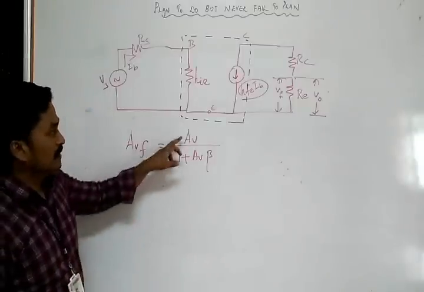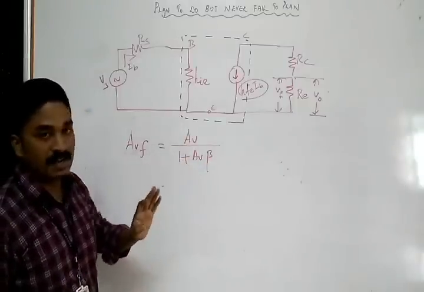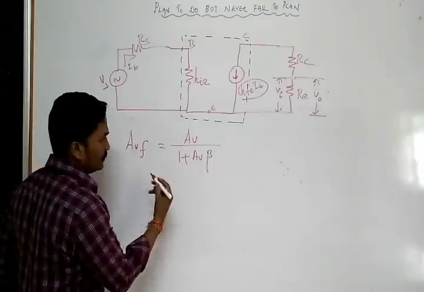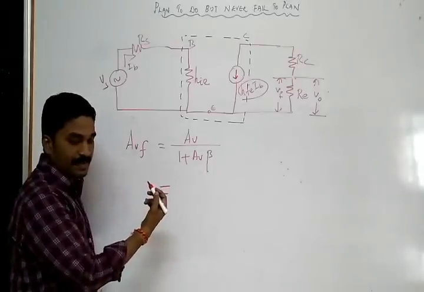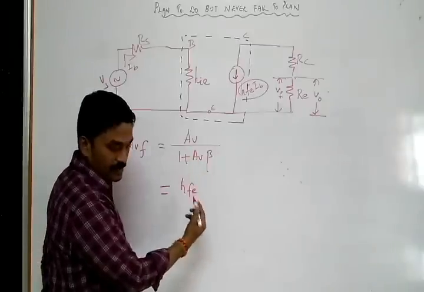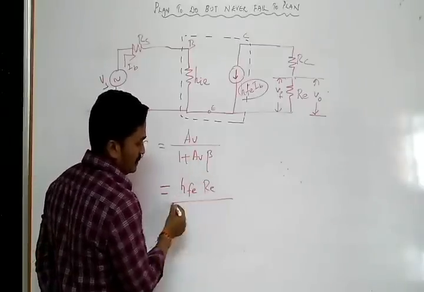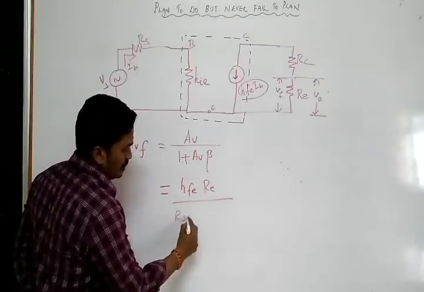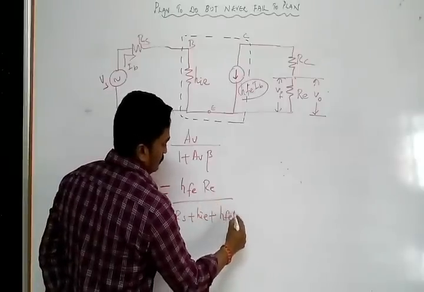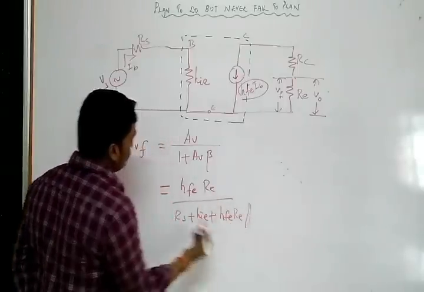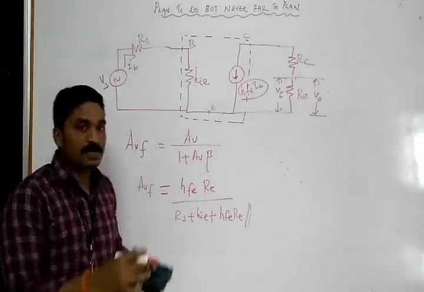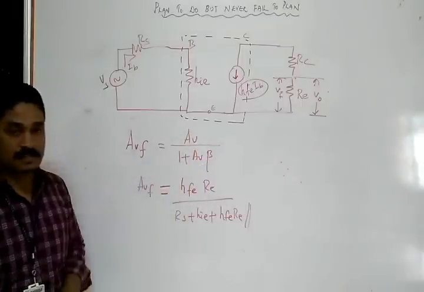Now we have to substitute AV and beta values to get the AVF value. After substituting, you will get HFE Re divided by Rs plus HIE plus HFE Re. This is your final answer. You substitute AV and do cross multiplication, you will get the final answer like this.